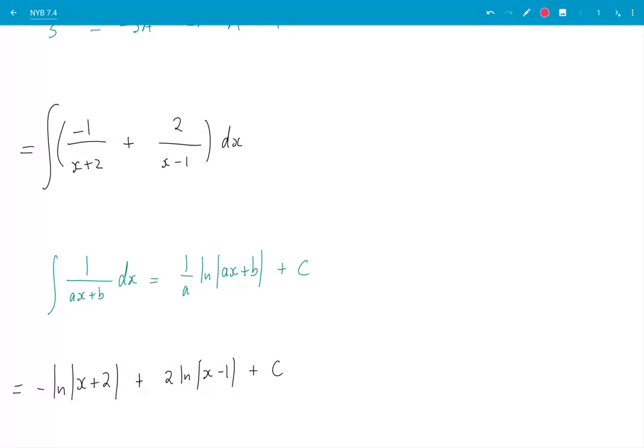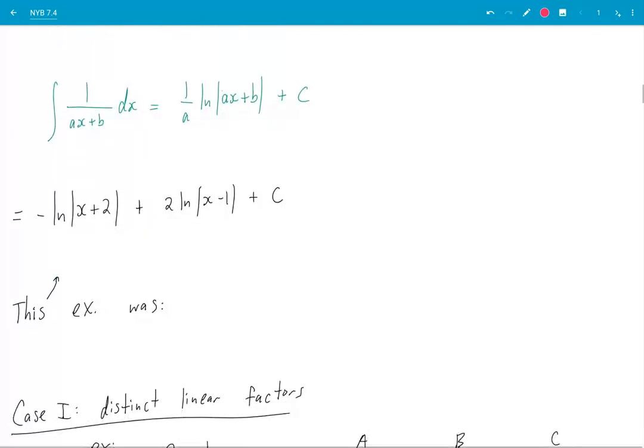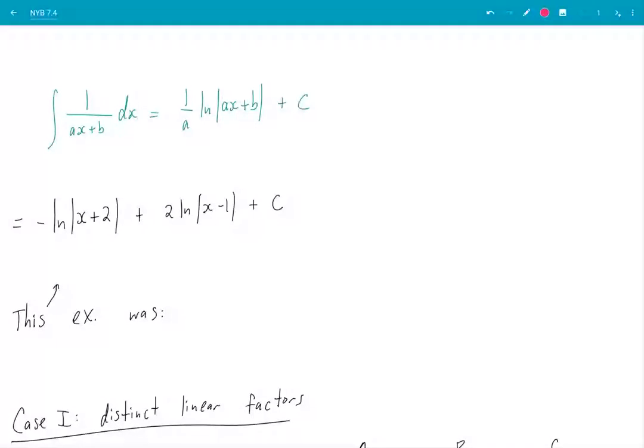Okay, so we have what's called the first case. This was called distinct linear factors because this x plus 2 is a linear factor, linear meaning ax plus b, and this is also ax plus b, and they are distinct. X plus 2 is not the same as x minus 1.